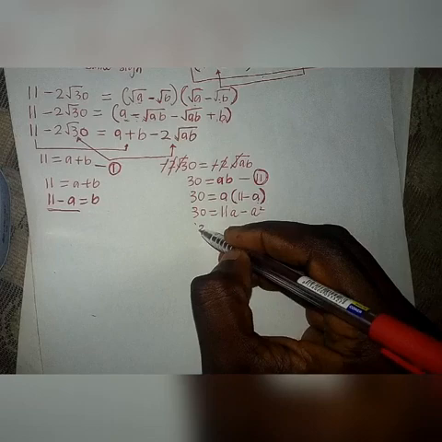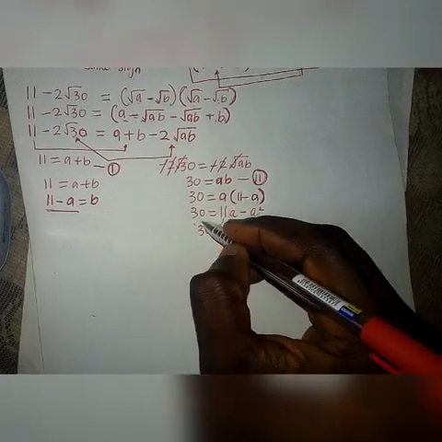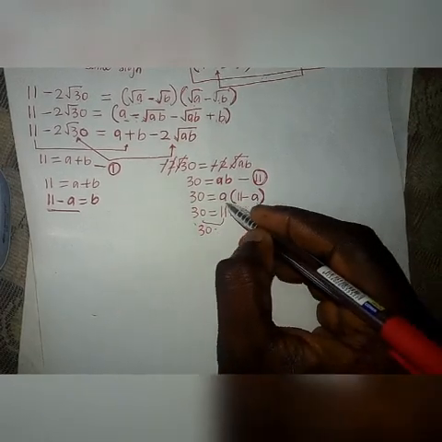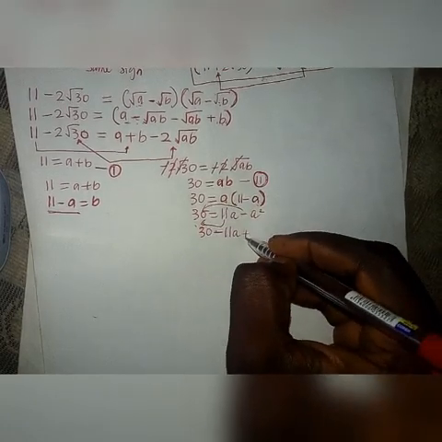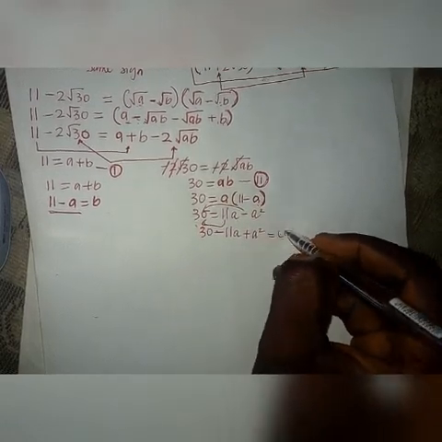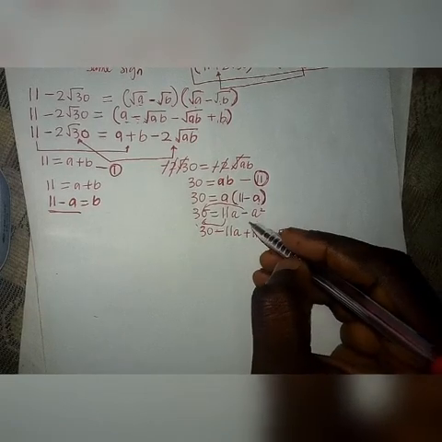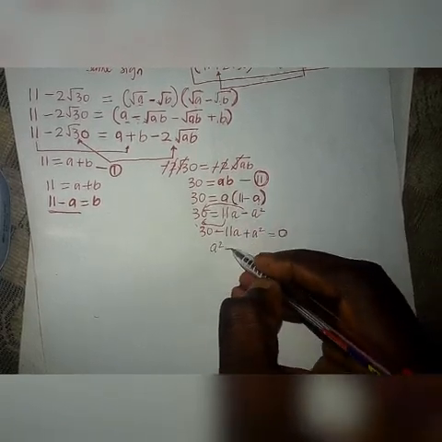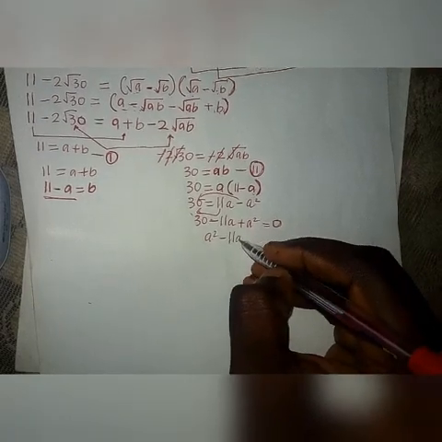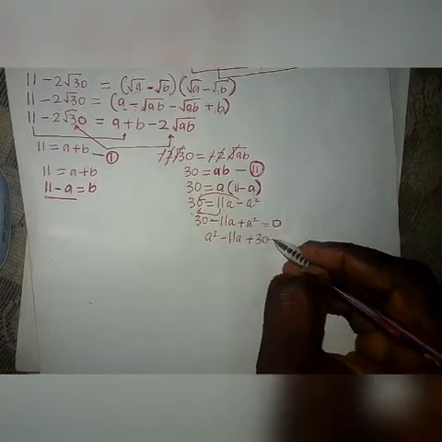So we bring these terms over: 30 minus 11A plus A square is equal to 0. So A square minus 11A plus 30 is equal to 0.